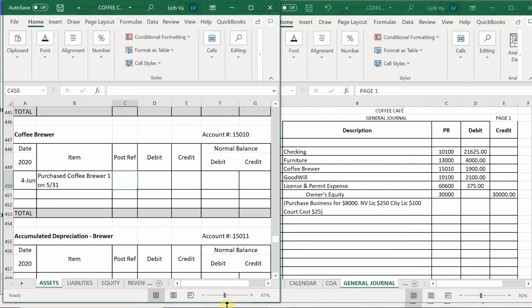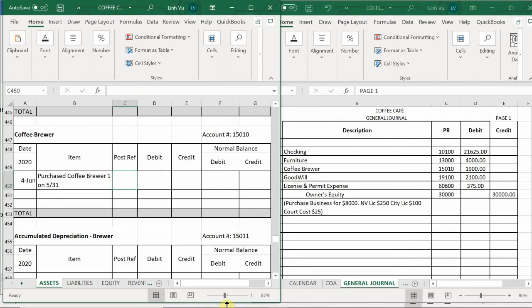It's every single account, even the ones that you don't use at all. You will have to create a ledger account for every account that exists in your chart of accounts. So if you start creating more items underneath your chart of accounts, then you need to also create a general ledger account. Because every account that you have in your chart of accounts, you need to make sure that you have an account balance in it, even if it reflects zero.